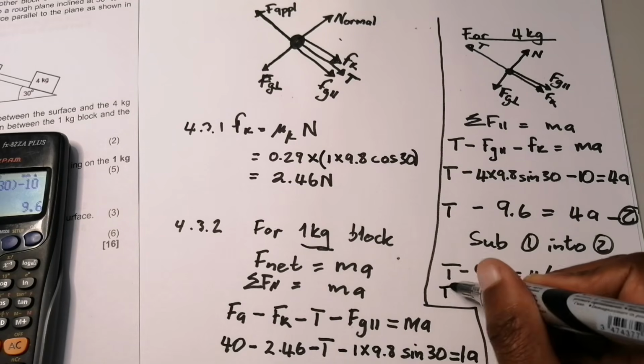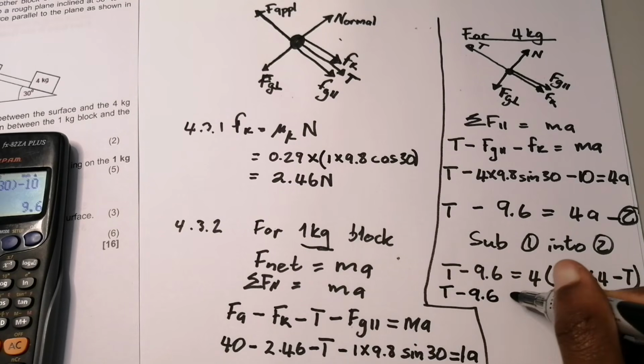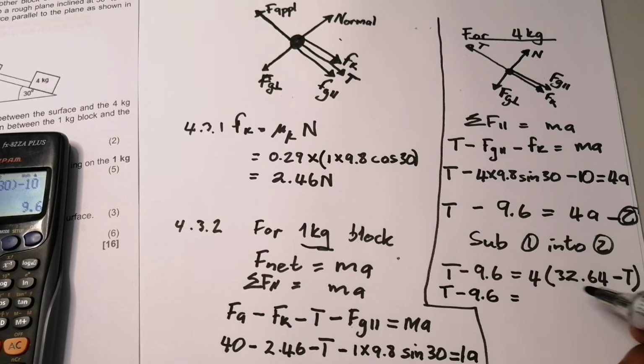Okay, let's try and solve for that. So we've got T minus 9.6, which is equals to 4 times 36.64, sorry, 36.64 rather.